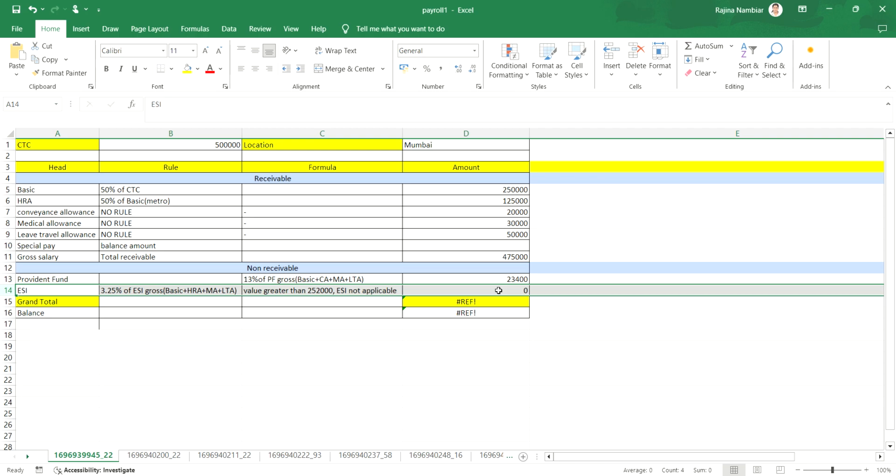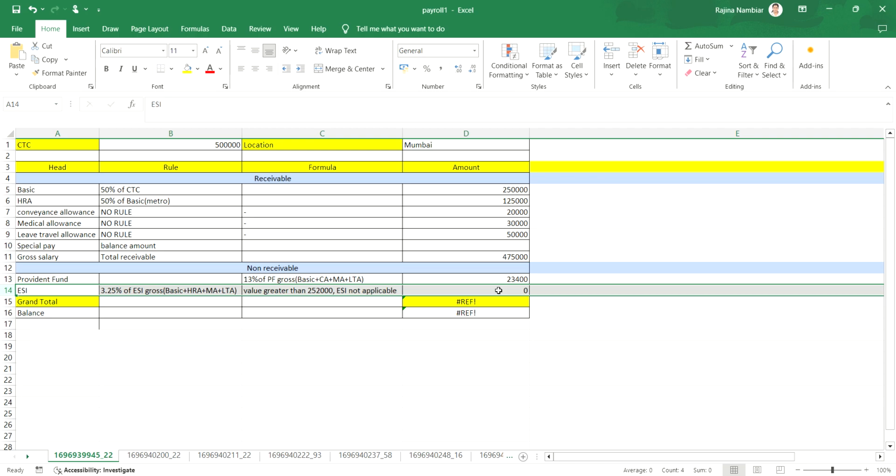You will get the calculation based on the slab, that is 15,000 multiplied by that percentage, or 1,80,000 multiplied by that percentage. But in case of ESI, you will not get anything, it will be zero. But in case your company has some medical facilities, you can avail them, but you will not fall under the ESI Act. Statutory thing is not there here.